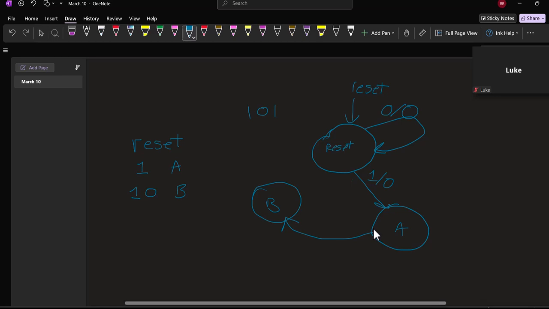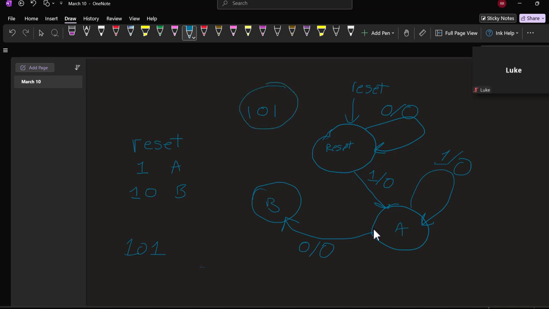I don't know why. Okay, if I'm in state A and I get a 0, I'll go to state B. My output is still 0. If I'm in state A and I get a 1, I loop back, and my output is 0. If I'm in state B and I get a 1, where am I going to go? I'm trying to detect a 1, 0, 1.